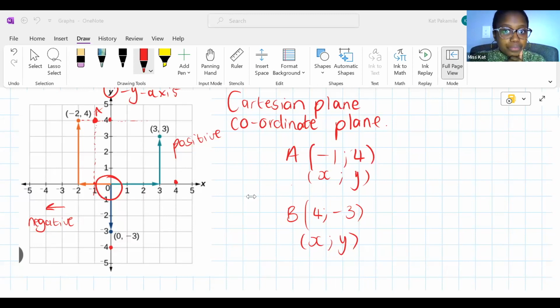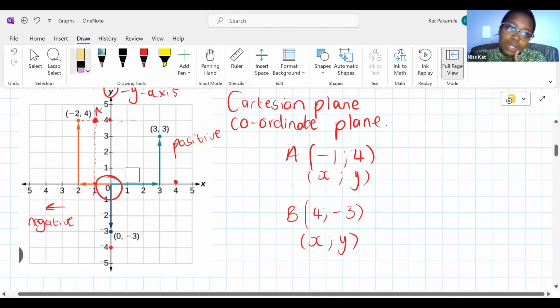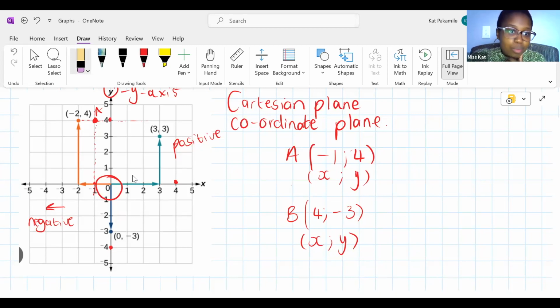Ma'am, the 0, do we call it a 0 or does it have a specific name? It's just a 0. You can call it the origin if you want, but it's just the 0. All right, thank you.